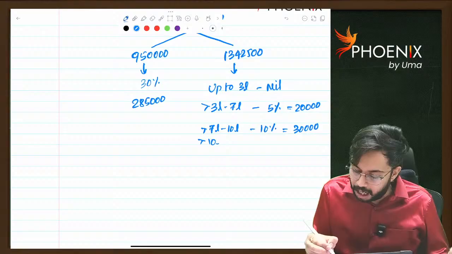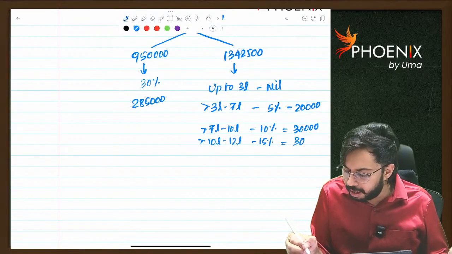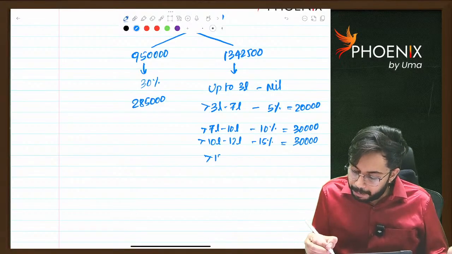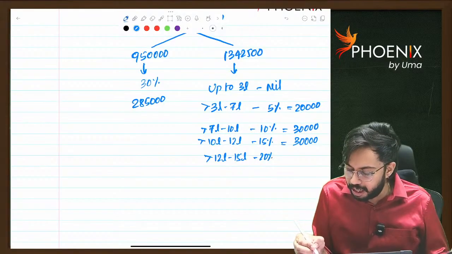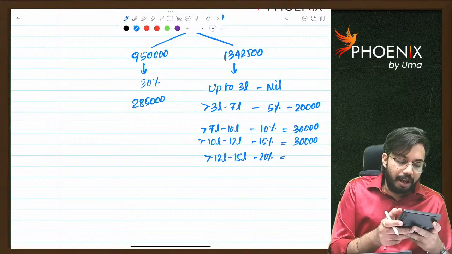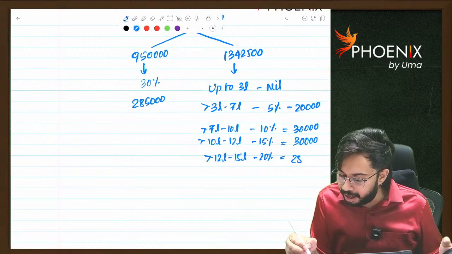Greater than 10 lakh up to 12 lakh, tax rate is 15%, tax amount is 30,000. Above 12 lakh up to 15 lakh, tax rate is 20%. So 1 lakh 42,500 into 20%, 28,500.